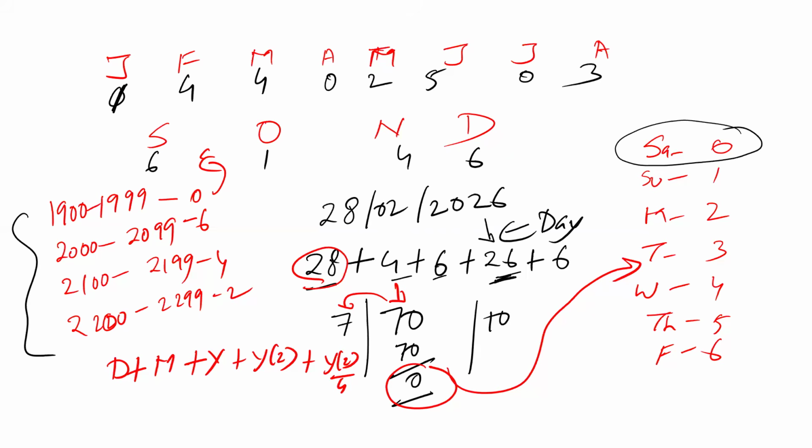Today's date, the year is 2026 now, so you have to write the last two digits, 26. First, everyone, before you ask your doubts, write down all the month, day, and year codes. Then I'll explain. Please stop asking questions. First, write down the month code, year code, and day code. Then I'll take one more problem.